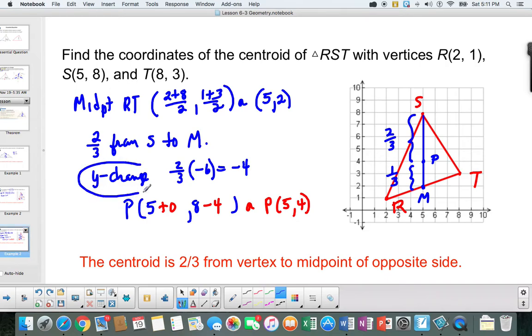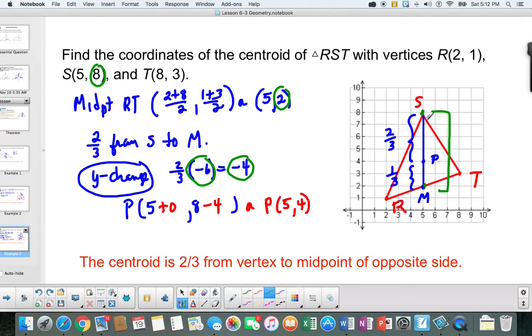And we know that we want to do 2/3 from point S to point M. Now from point S to point M, you're starting here at 8 and you're going here to 2. So you're going to go down 6 units. So 2/3 of -6 is -4.